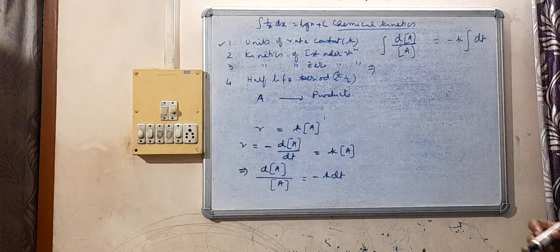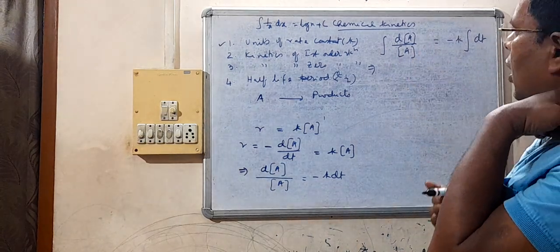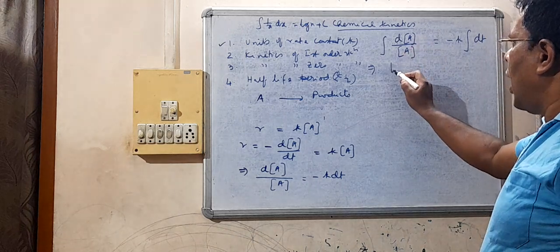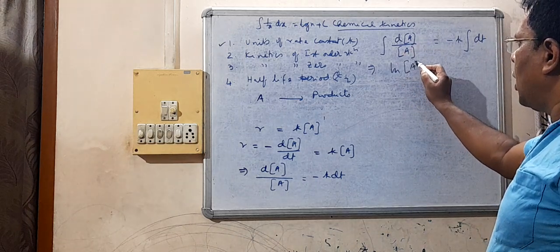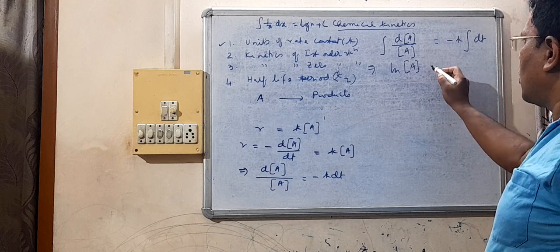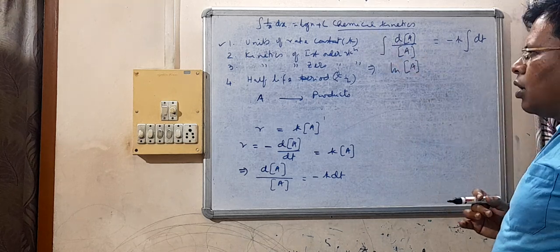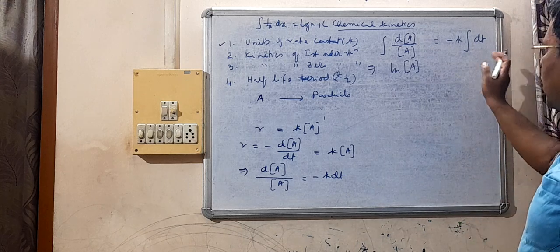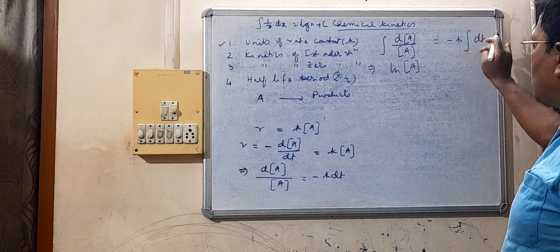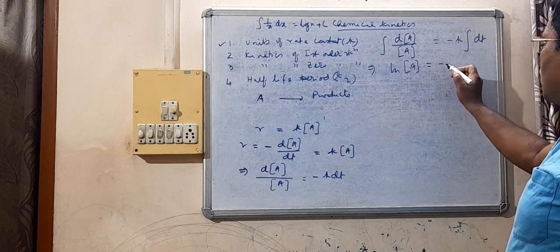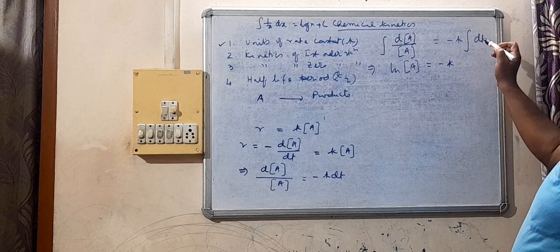Here, in science we take natural log. So here it will be ln A, and a constant of integration that we will write on one side, because here also we will get a constant of integration. So it will be minus k times the integration of dt.